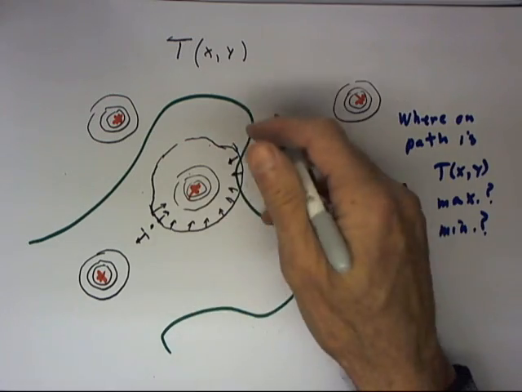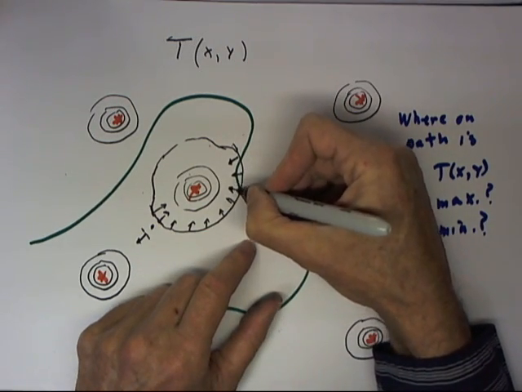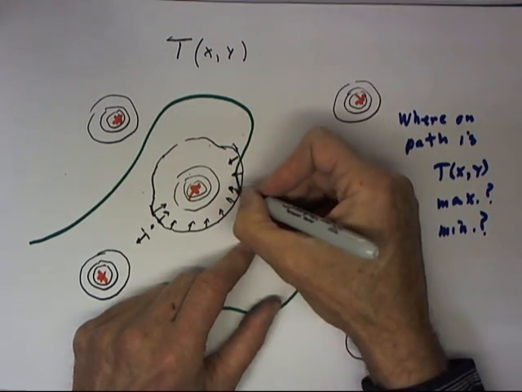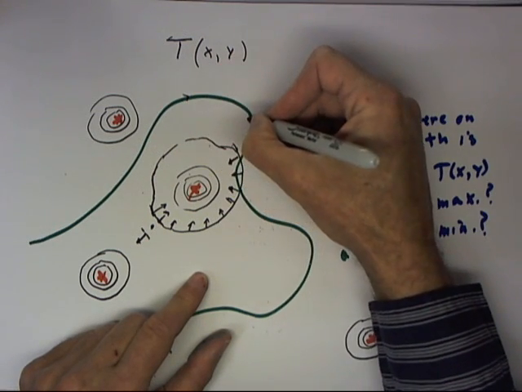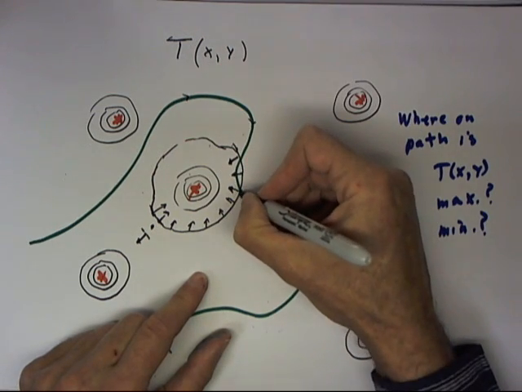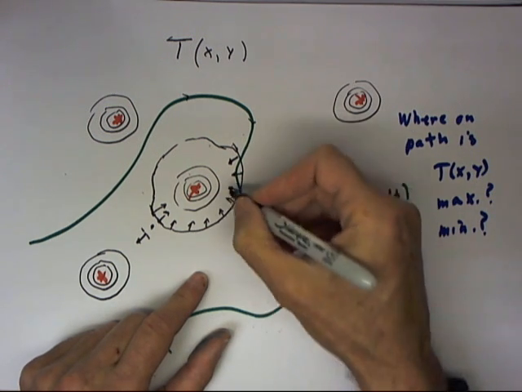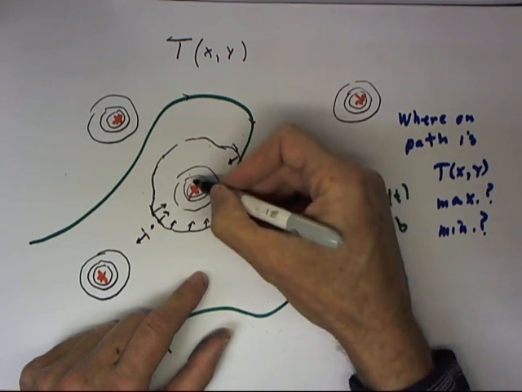These will have a little greater magnitude than these, I believe. What I'm trying to indicate, though, is that at this point on the curve, if we're moving in this direction along the curve, then we have our direction of motion, and we have the direction of maximum temperature increase.